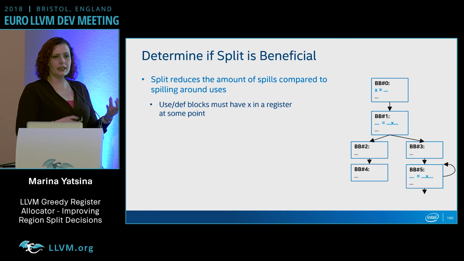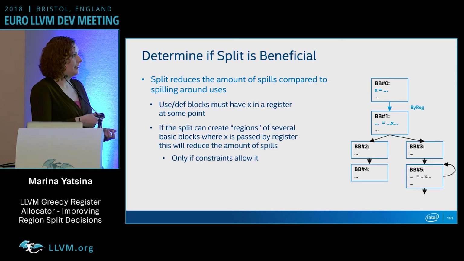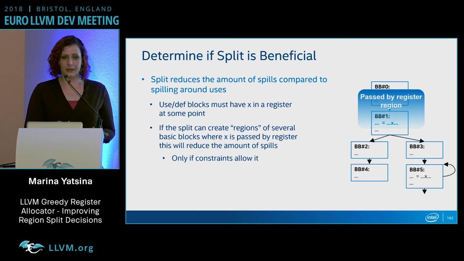And we're trying to extend the regions where X is living in a register. So if we can somehow pass X in this whole section by register, we're creating a region where X is live by register, and it reduces the number of spills. We don't have to reload here. So if we can find such regions, then the split is beneficial.